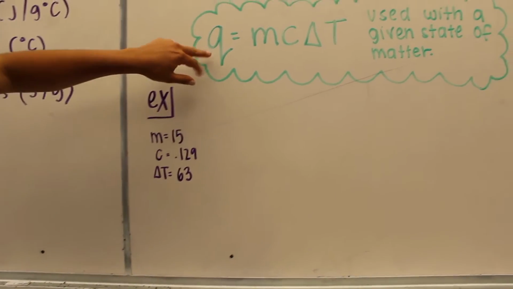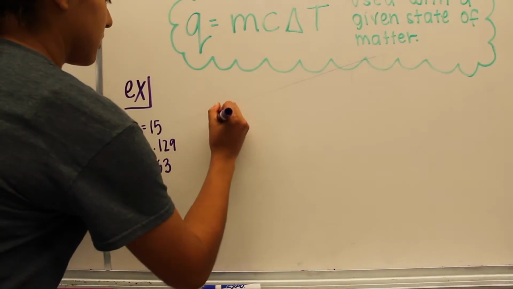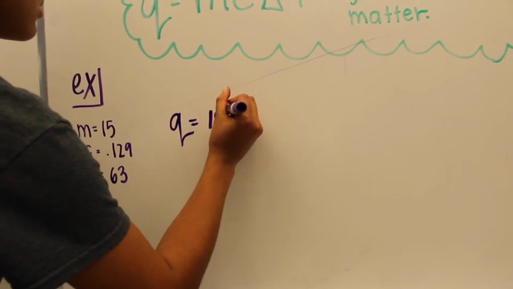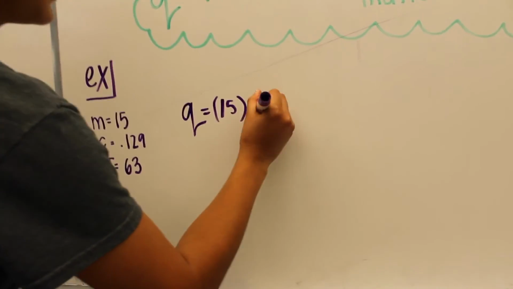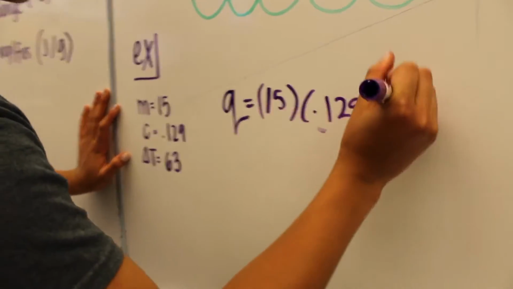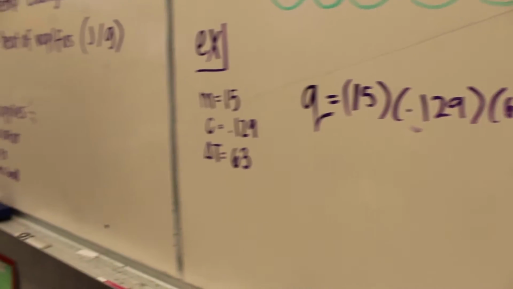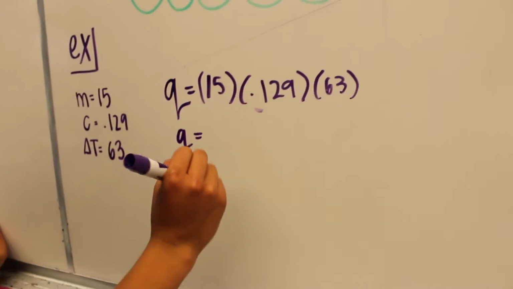So that means we need to find Q, because that's the thing we're missing. So we're going to plug everything in. Q, since we don't have it, we're going to write it. The m is 15, times 1.129, and 63. Then you get your handy dandy calculator, or if you're me, you have your cheat sheet, and you can write what it all equals after you plug it in.